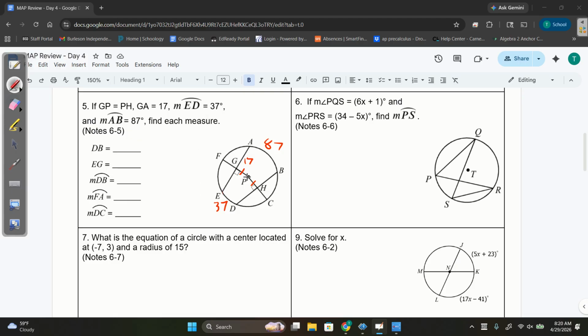First things first, I'm going to go ahead and mark everything that's congruent based on what we've been given. Because GP is equal to PH, we are allowed to say that this part of the line is equal to this part of the line, and these are also the same over here as well.